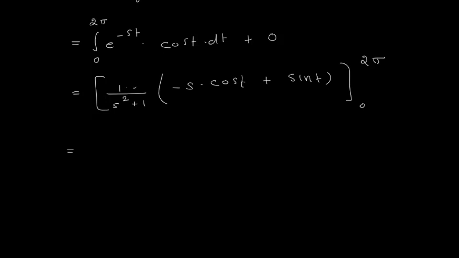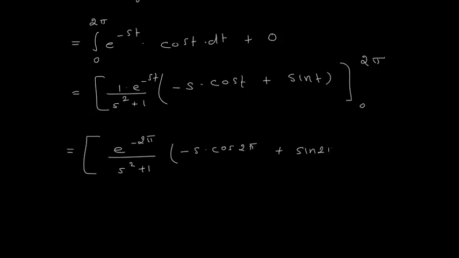When I replace 2 pi, it is e power minus 2 pi upon s square plus 1, and here we put 2 pi: minus s into cos 2 pi plus sin 2 pi, then minus e raised to 0 divided by s square plus 1, here minus s into cos 0 plus sin 0.